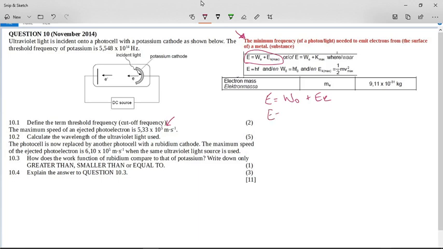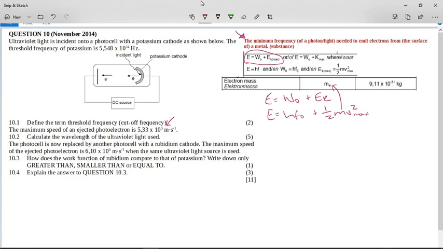So the energy is going to be Planck's constant times the threshold frequency plus a half mv squared, which is this V max, because this is the emitted photoelectrons. So we know what has got the kinetic energy. The electrons have got the kinetic energy. So this m in this formula is going to be the mass of the electron.